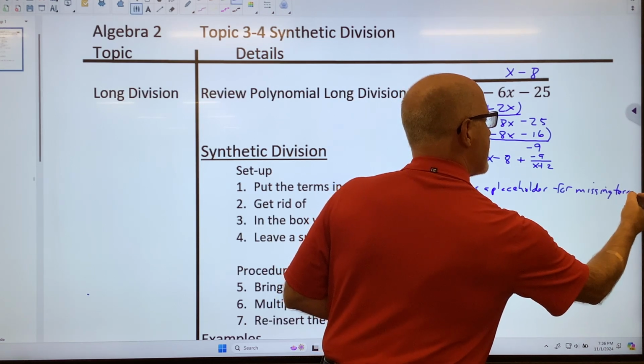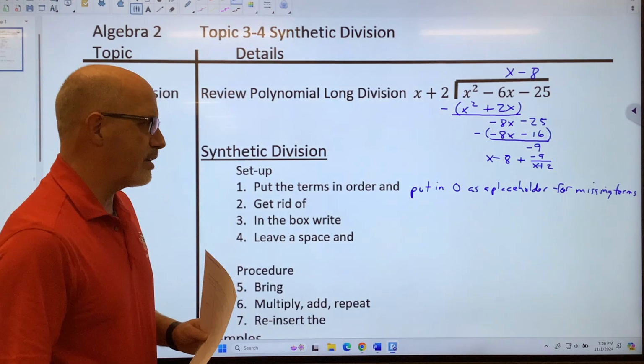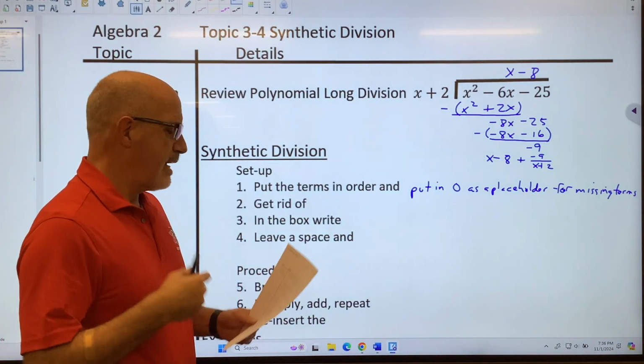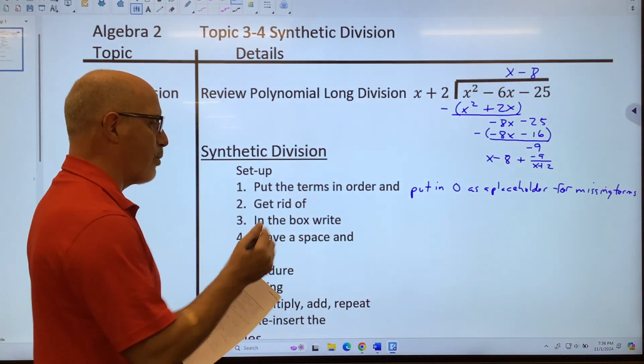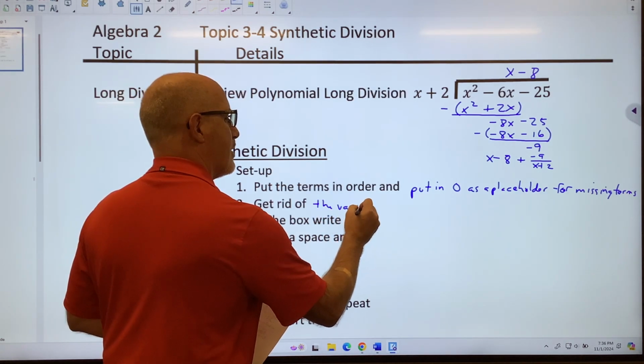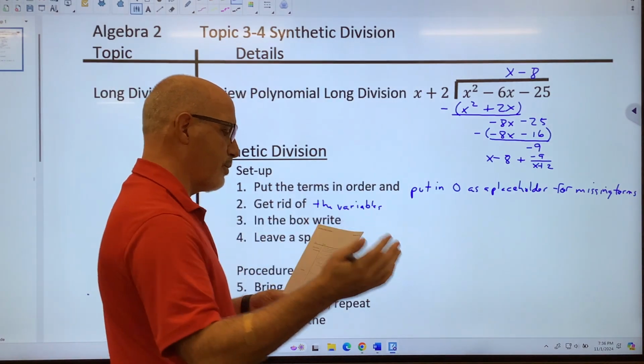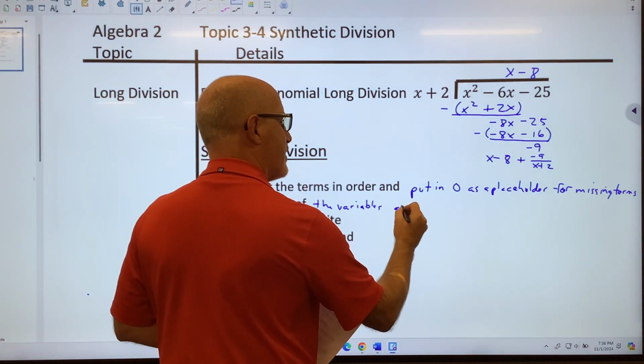So whenever there's a missing term, put in a 0 to make sure that you've got that placeholder in place for us. Now, the next thing you do is you get rid of the variables. That's what's going to make this a very interesting technique. The variables will be gone, and list the coefficients.